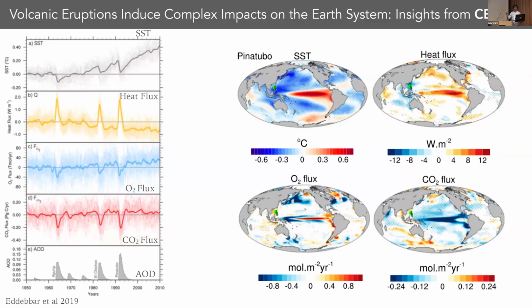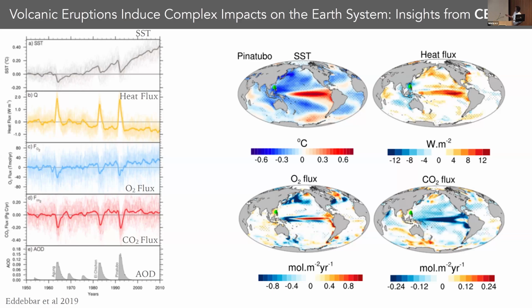So how does oxygen and carbon respond to volcanic eruptions in the model? We know that the SSTs cool and that the ocean loses a substantial amount of heat. What we find is that there is a large uptake of oxygen and carbon following each of the eruptions of Agung, El Chichon, and Pinatubo.